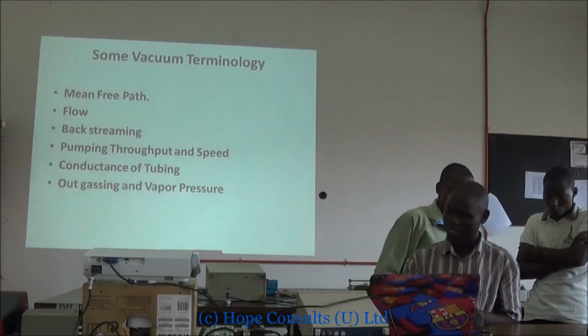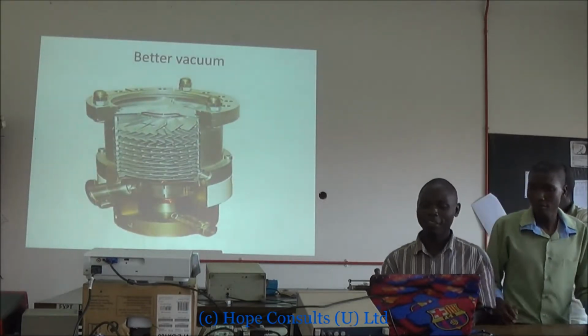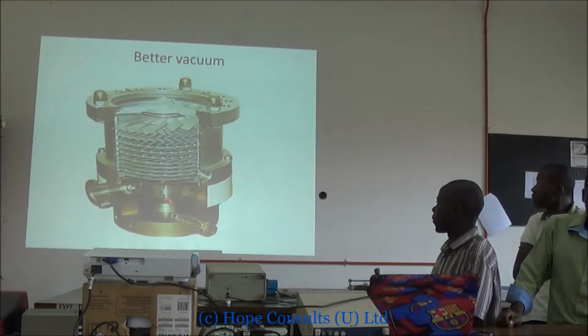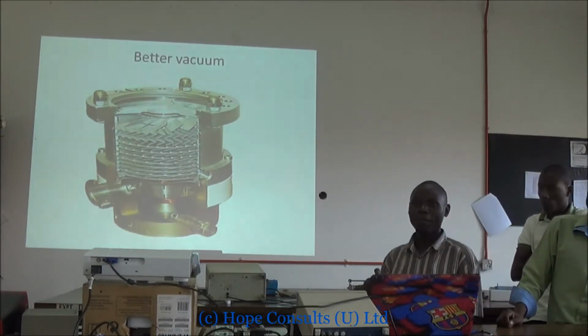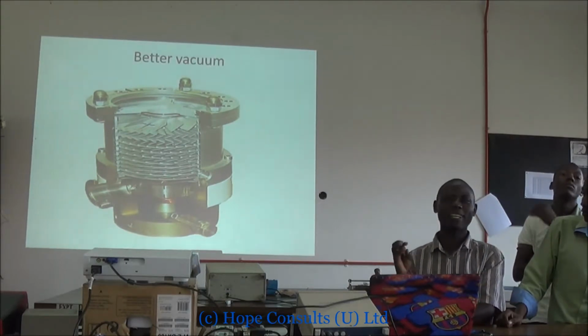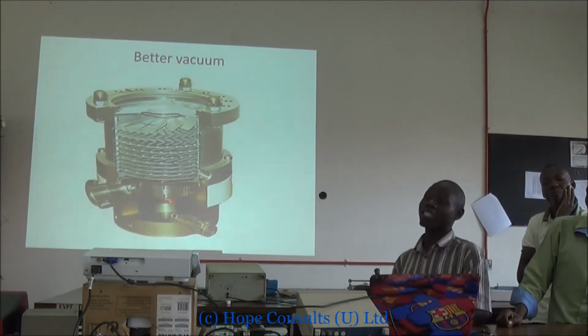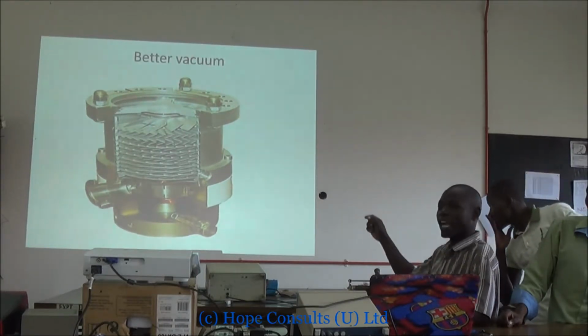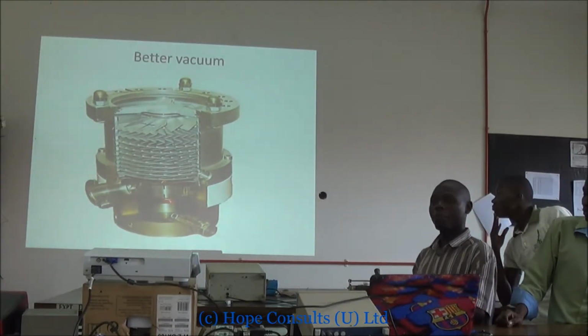Now, backstreaming, it occurs. Remember, I told you that in this rotor, we normally put the oil to allow the rotation. And you know that whenever there is some friction, it causes a heating effect. Now, the oil which you have put there may evaporate.